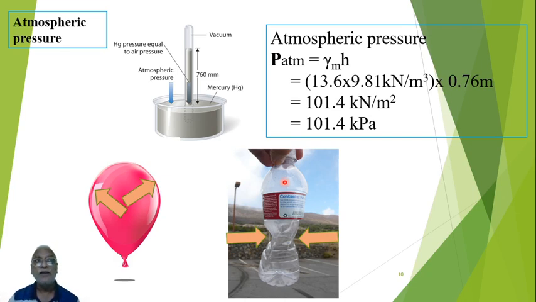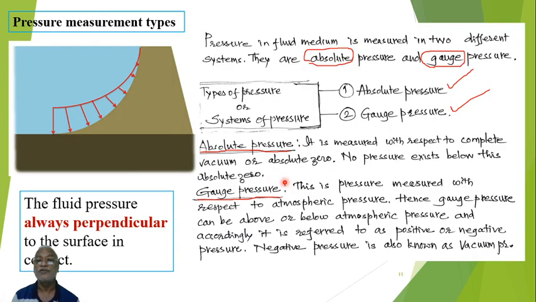Even then if you try to suck out something, what will you be able to suck? There is nothing. Because of that, the pressure will not decrease below the absolute vacuum. That is what one should know. So that's why no pressure exists below absolute zero. You cannot go below absolute zero or absolute vacuum.